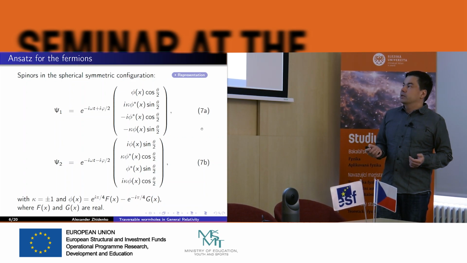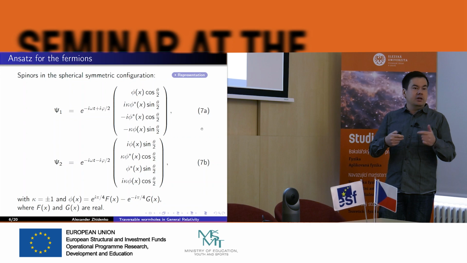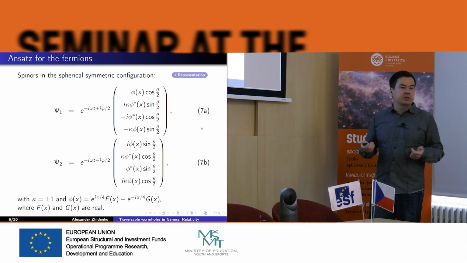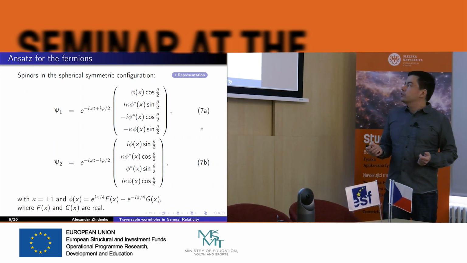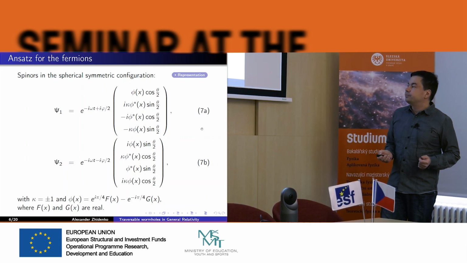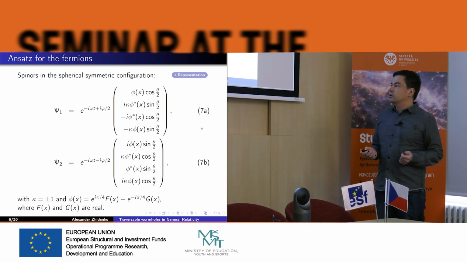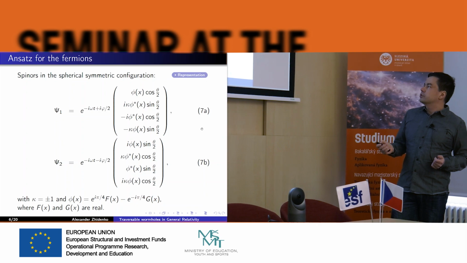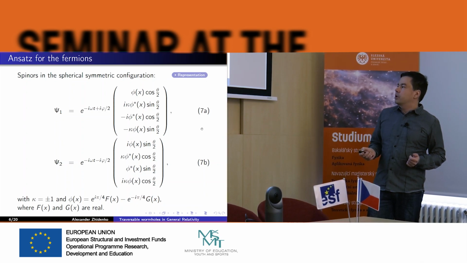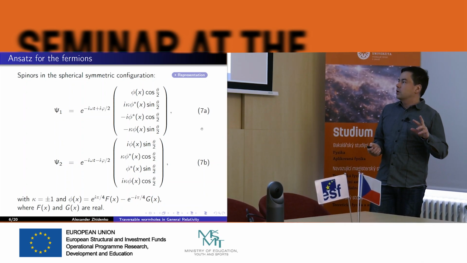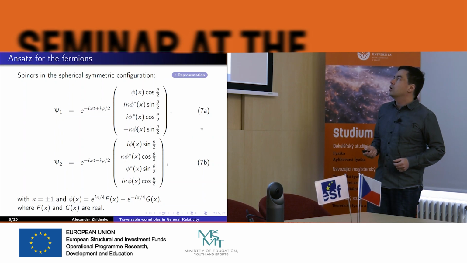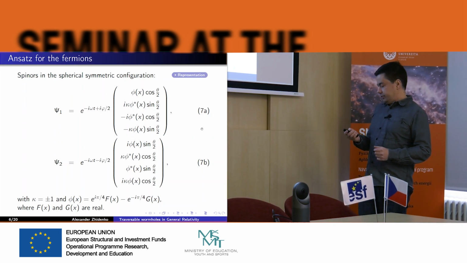And we need basically another one just to compensate to have spherical symmetry for other fields. So this ansatz allows this, and we have also this parameter kappa, which can be plus or minus.